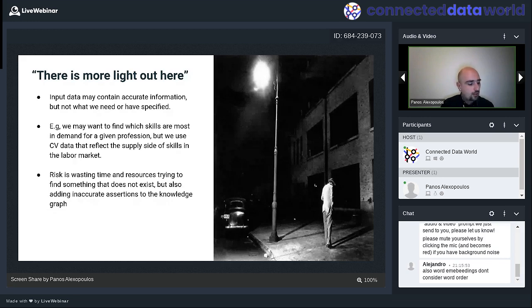"Okay, did you lose them here?" "No, but here there is more light." So it's a similar situation with knowledge mining, right? When we talk about data science and data mining in general, most of the scenarios start from the data. We have some data and we want to extract some knowledge out of them.